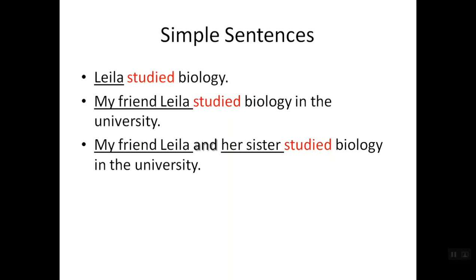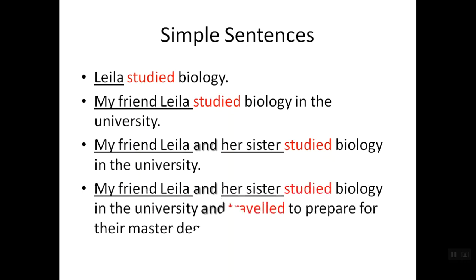So, my friend Layla and her sister. Okay? What about the verb? How many verbs, how many predicates? Studied. Okay? So then don't get confused between and in the compound sentence to join two independent clauses and here to combine two subjects.